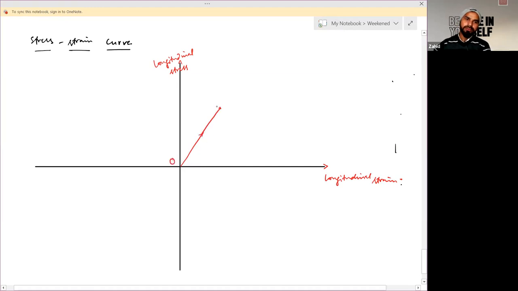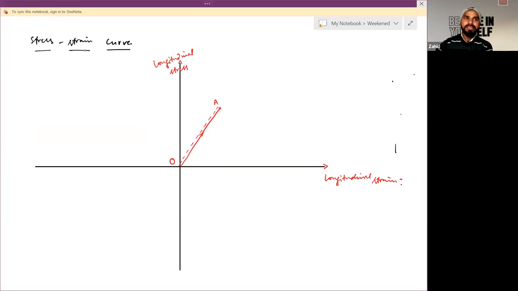So this will be O and this will be A. If you remove the deforming force from this point, it will return exactly to its initial configuration. It means it has some tendency to regain its original configuration, and that is termed elasticity.